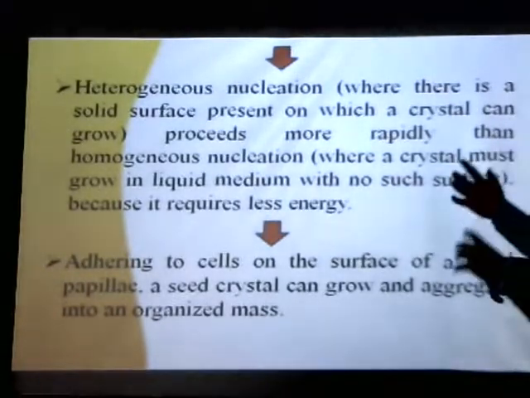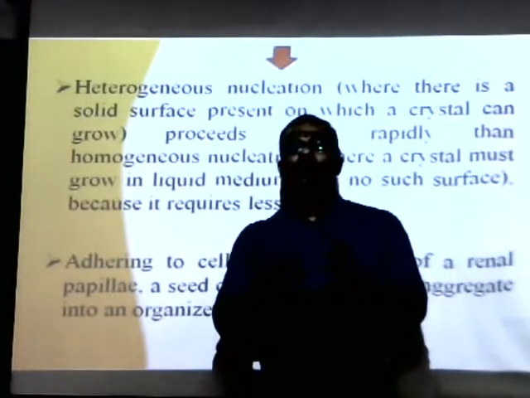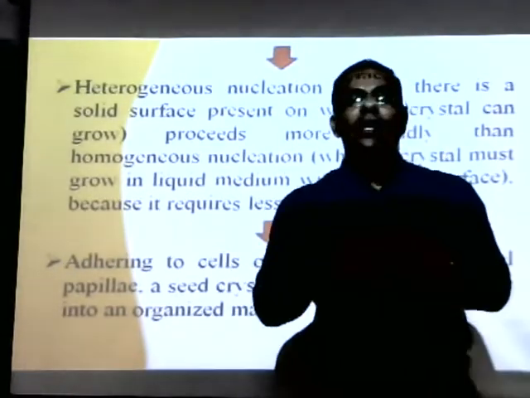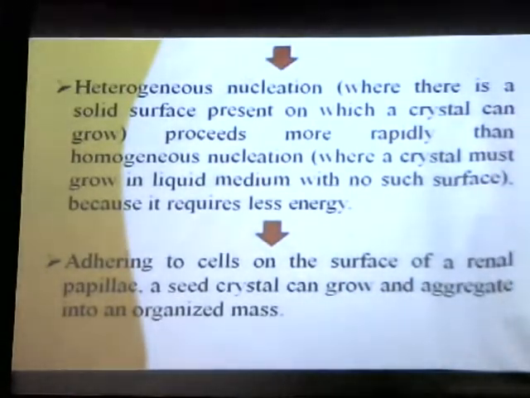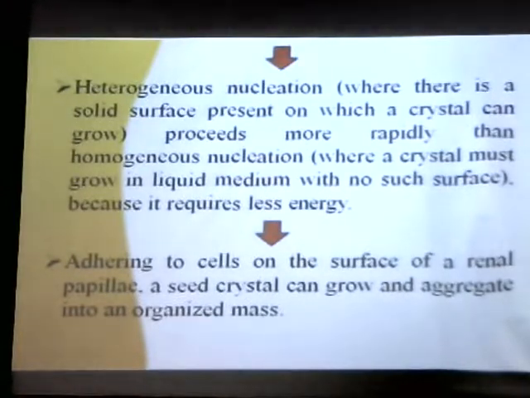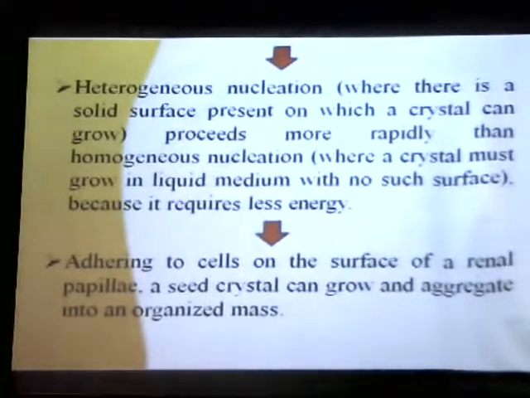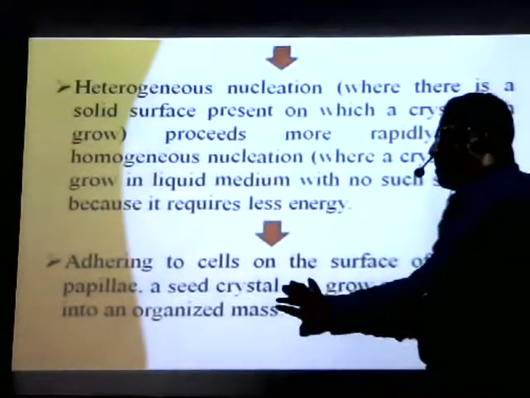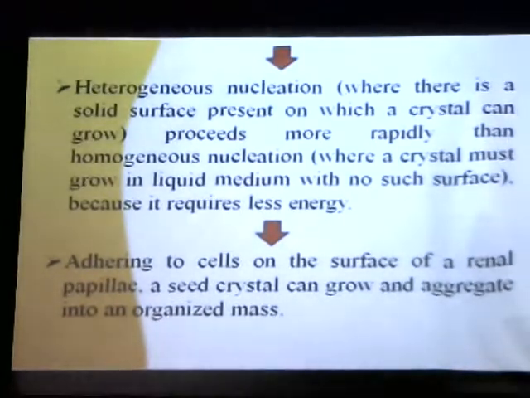Heterogeneous nucleation means the crystal is having not only one type of chemical substance, it can have multiple types, and that leads to less energy expenditure as compared to homogeneous nucleation, which further leads to adhering to the cell on the surface of the renal calculi. A seed crystal can grow and aggregate into an organized mass. This growth of the seed crystal will ultimately lead to the formation of a proper renal calculus.